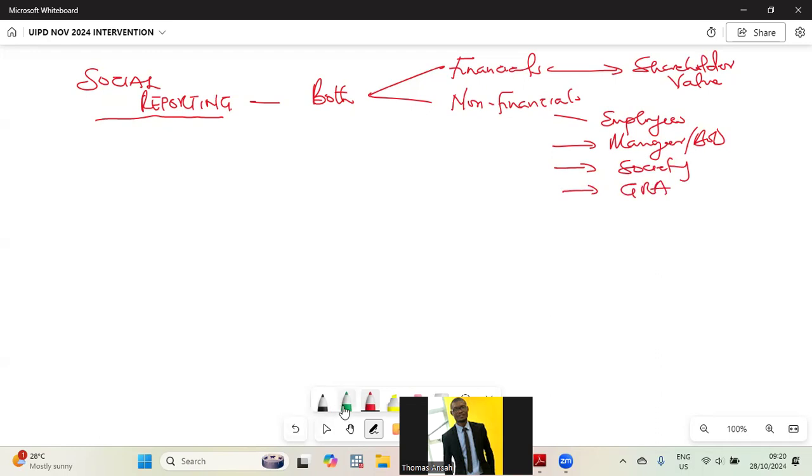You see, it is out of this thing that we have IAS 24. The IAS 24 is telling us this one, related party. And that is why the salaries of these people are made public, because you need to disclose social reporting. Do you know that in the laws of Ghana, any money you spent on directors is supposed to be disclosed? So like the chief executive officer, who is a managing director, like GRA boss, his salary is disclosed. Bank of Ghana man, his salary is disclosed.